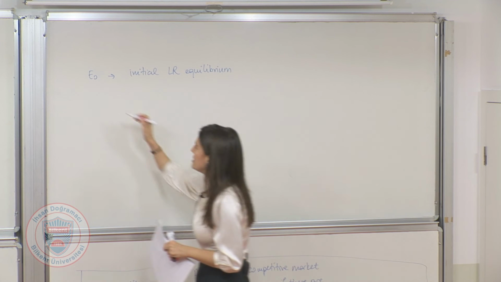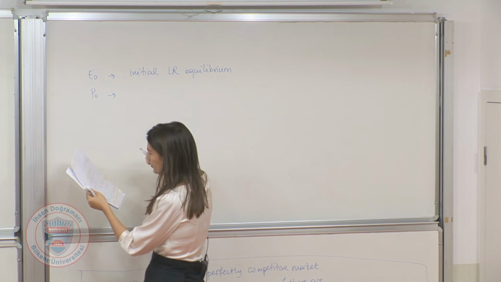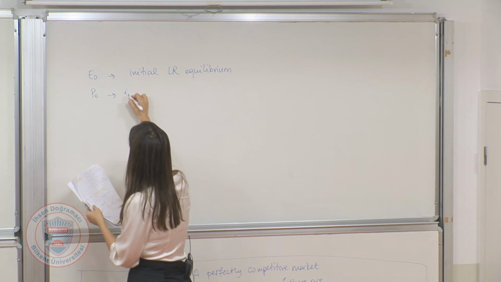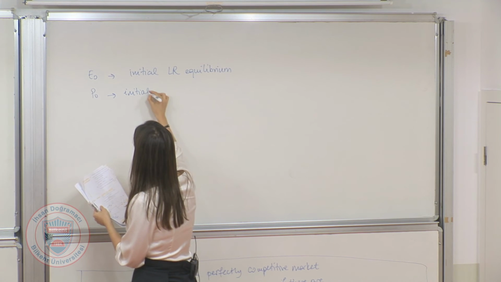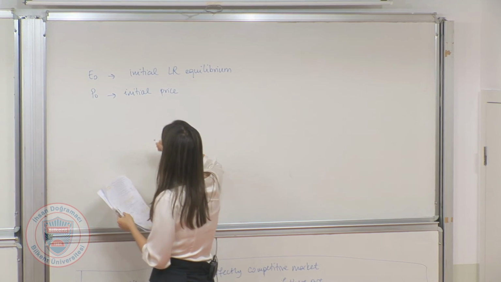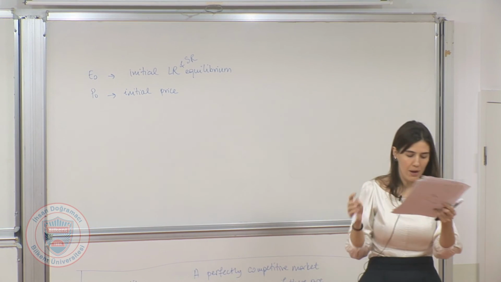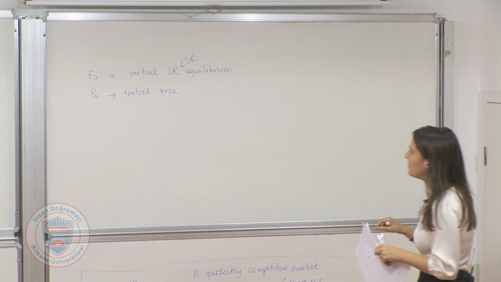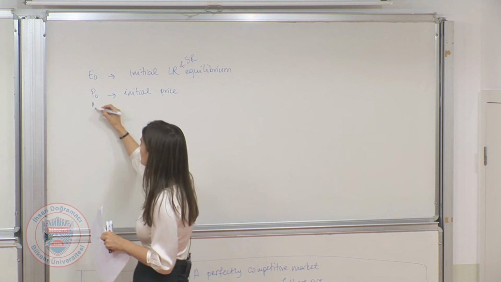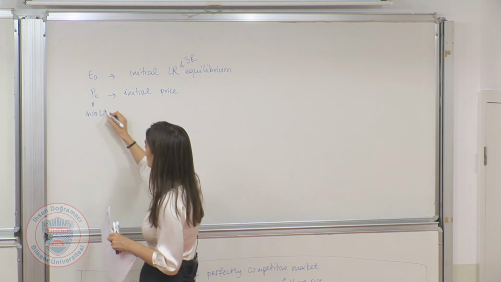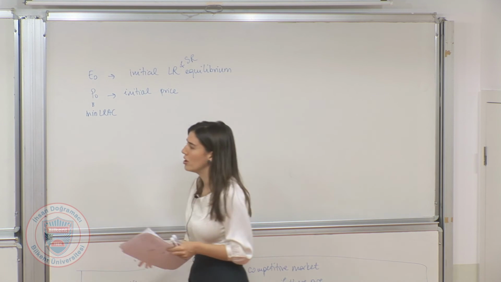And then P0 is the initial price, okay? Long run, and we can actually call it short run, okay? And equilibrium both in the short run. P0 is the initial price, and we know this is equal to the minimum of long run average cost, okay?